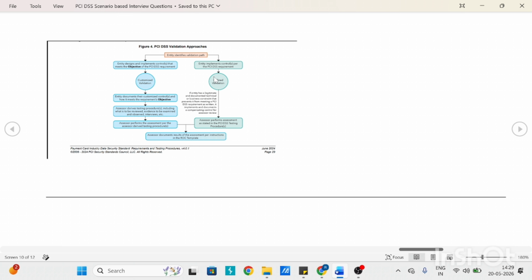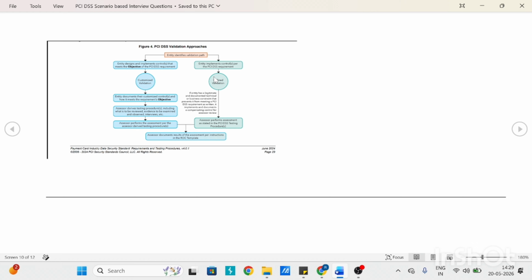So what this chart is actually saying is that assessors have two options. Number one, if the organization is 100% compliant. Second case, sometimes the organization has to implement compensating controls, and compensating controls may come under the customized validation. In compensating controls, it's the QSA's responsibility to derive the solutions and what evidence to review.